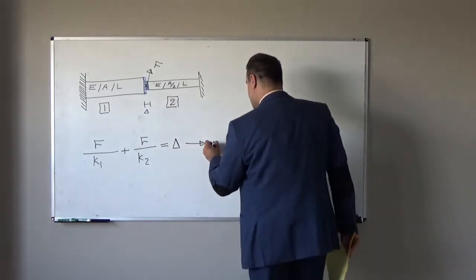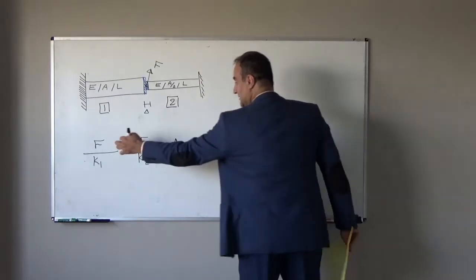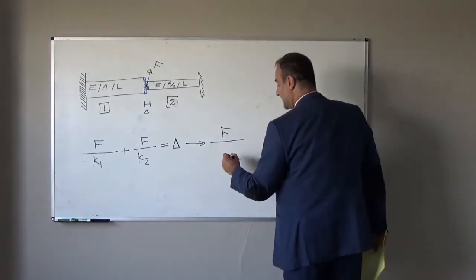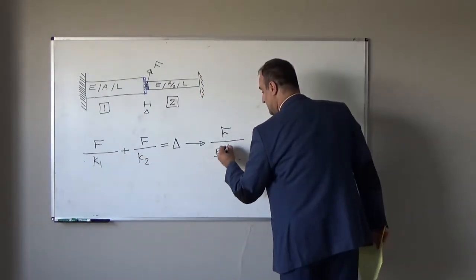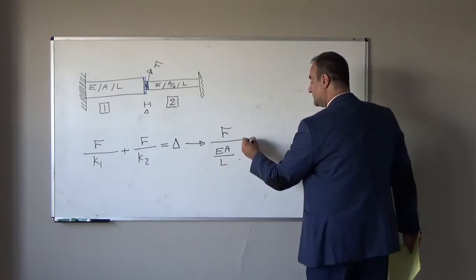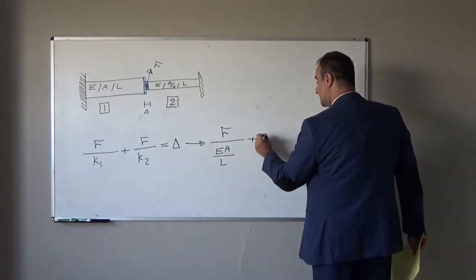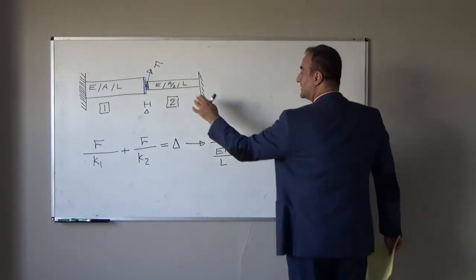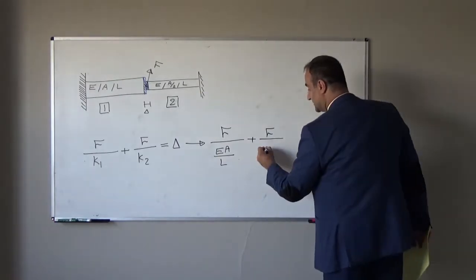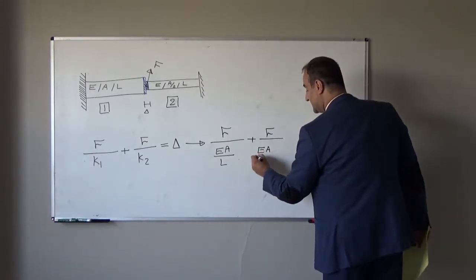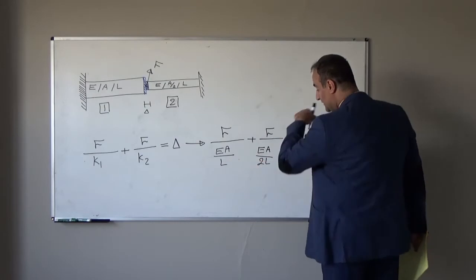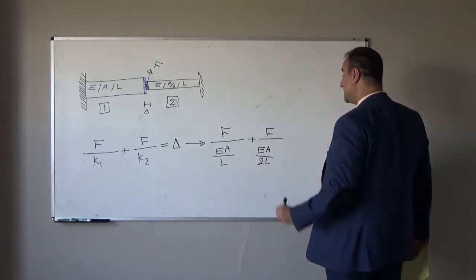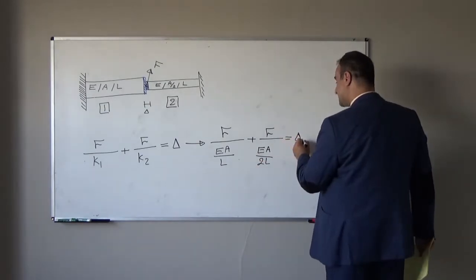So I can write force divided by stiffness of rod 1, which is EA over L, plus force divided by stiffness of rod 2, which is EA divided by 2L, should be equal to delta.